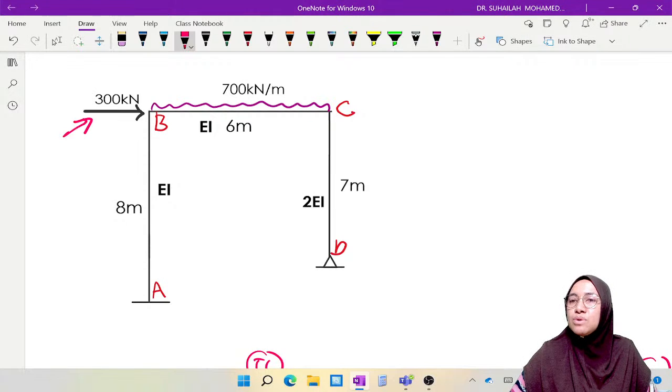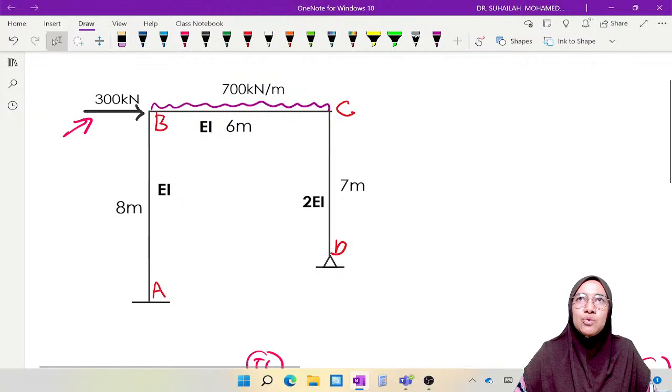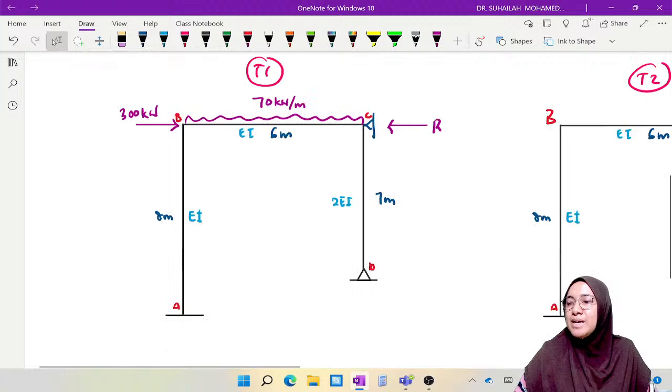So we have to separate between loading as well as delta side sway. In order to remove delta from the frame, we have to put an imaginary support.